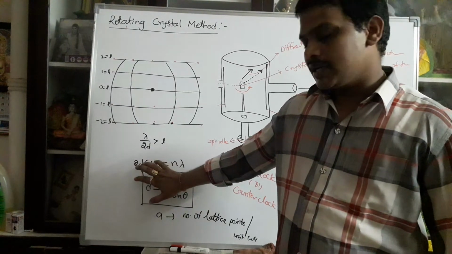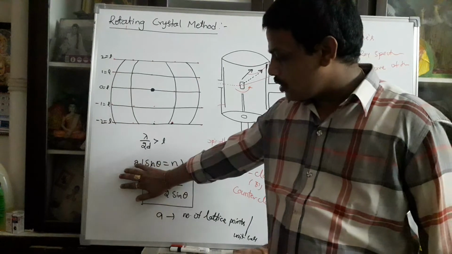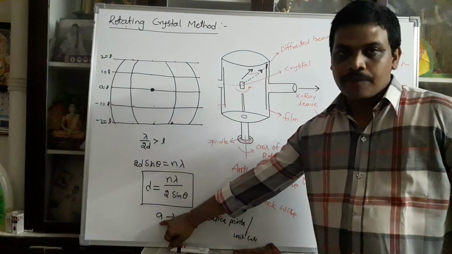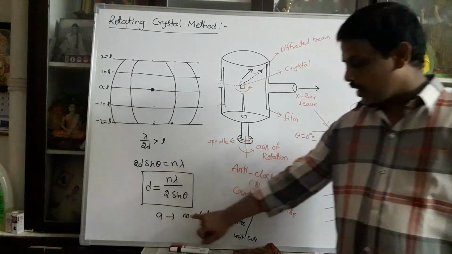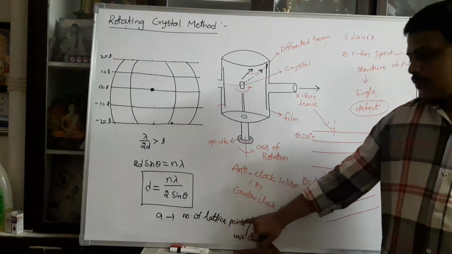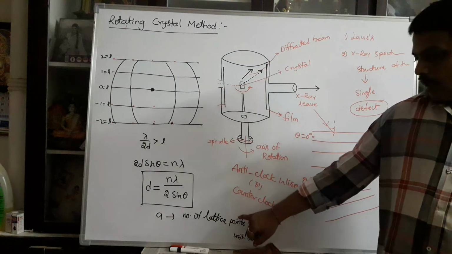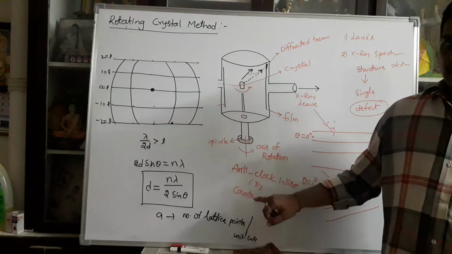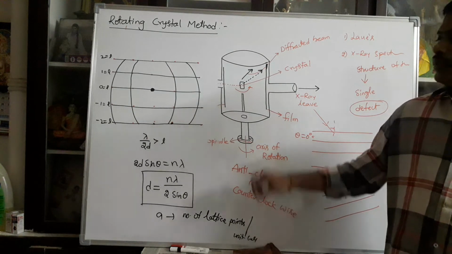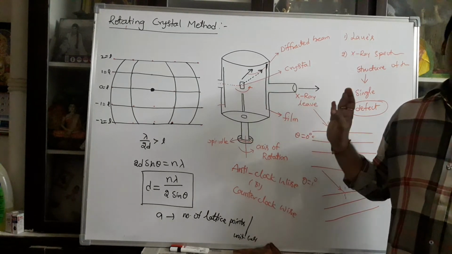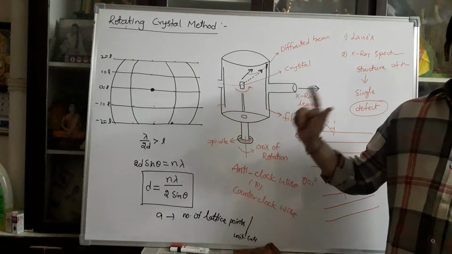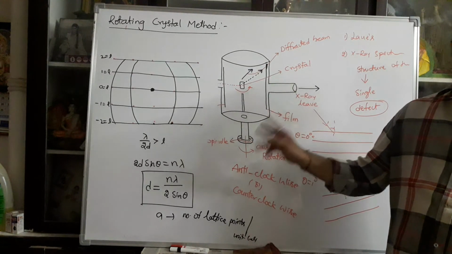After the interplanar distance is calculated, depending on D you can calculate the A value. After calculation of A, you can determine the number of lattice points per unit cell. Depending on that value, the structure of the cell, either simple cubic, body centered, or face centered, is easily identified.